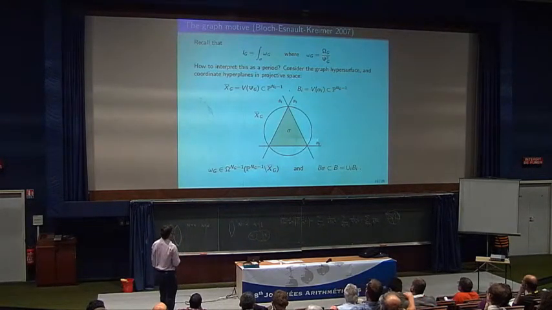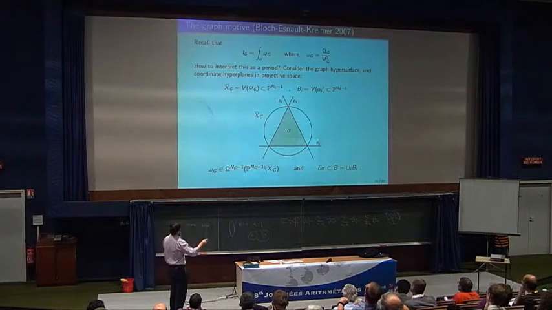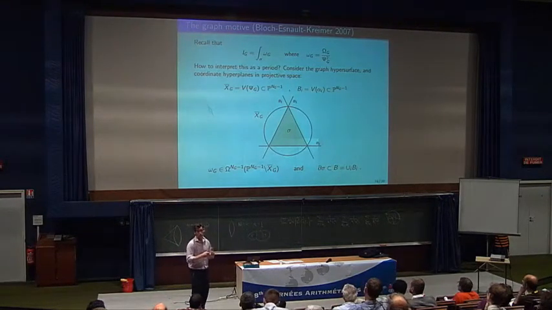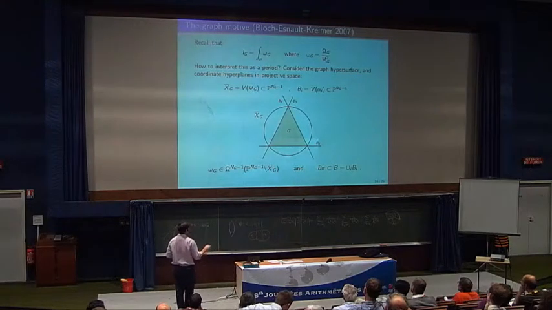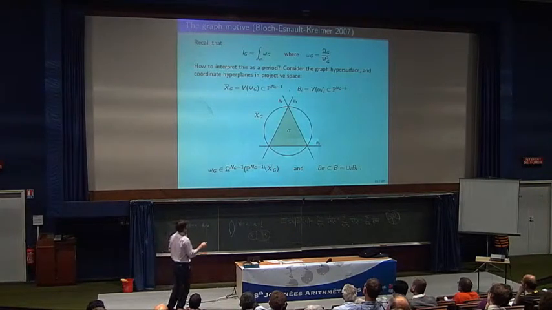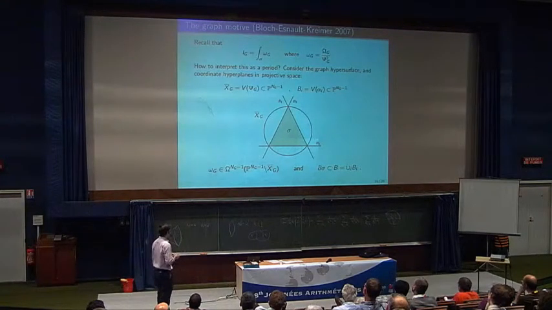It's very singular. Then the other bit of data we have, because remember the coordinates in projective space are indexed by the edges of our graph, is that we have canonical coordinates. We can take the coordinate hypersurfaces where the coordinates vanish. So we get B1, B2, B3, which form a simple triangle.